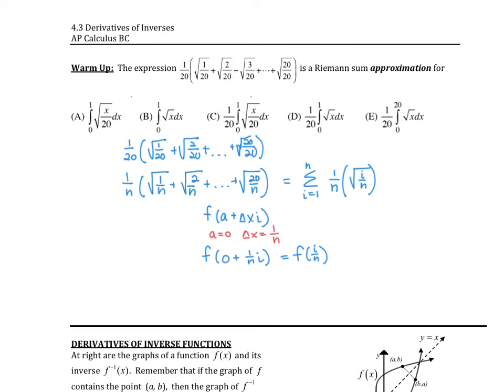So I might then even rewrite this f to be the function of i over 20. Well, if it's the function of i over 20, then the function that I'm dealing with is going to be the square root of x.